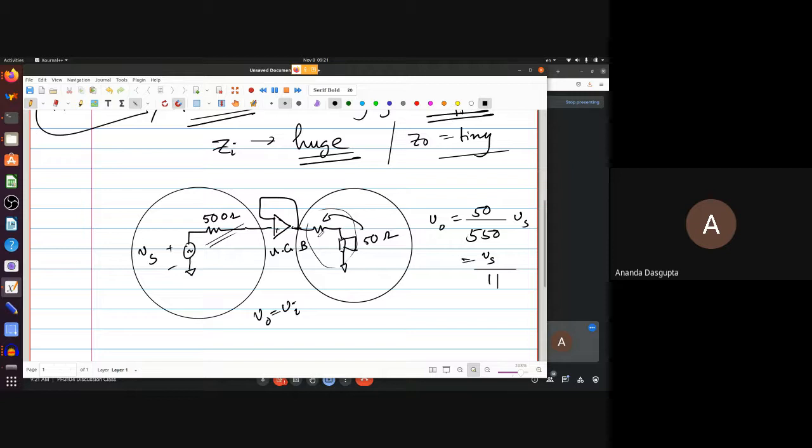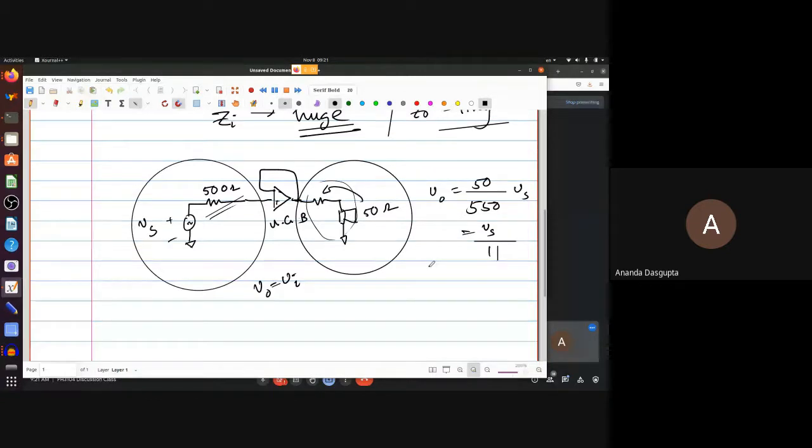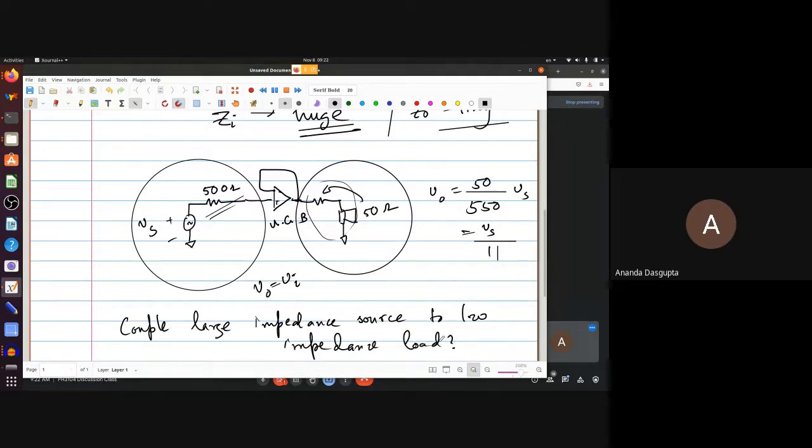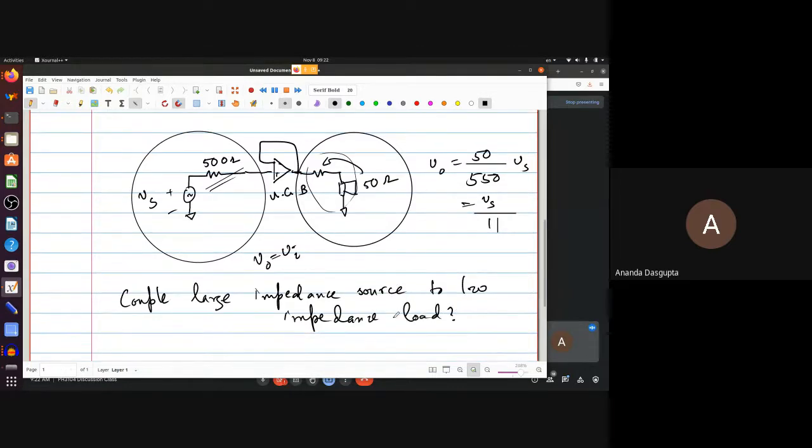So basically, the point is this: if you want to couple a large impedance source to a low impedance load, you should not do this directly.